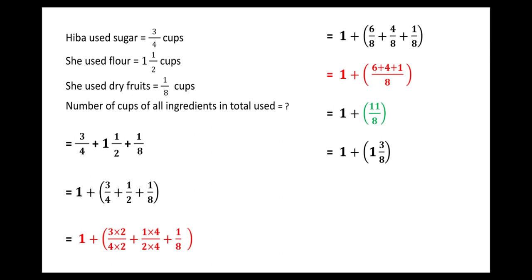So we write the whole part separately and the fractional part separately. After adding the whole parts, we get 2, and we write both parts together. We get 2 whole 3 by 8 cups. So this is the answer.